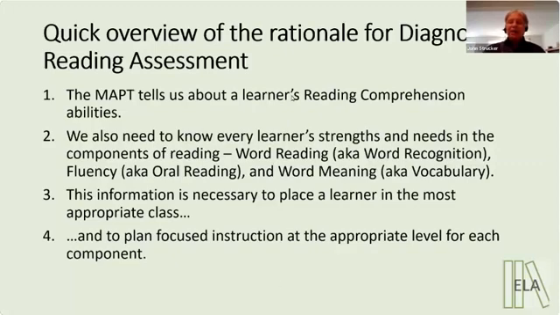So that suggests that they might need more challenging vocabulary words than other people in the class. So you just have a sense of what their strengths and needs are. If you only have a reading comprehension score, you really can't tell whether they're stronger in print skills, word recognition, and fluency, say, and weaker in vocabulary, or vice versa. So all that information is important.